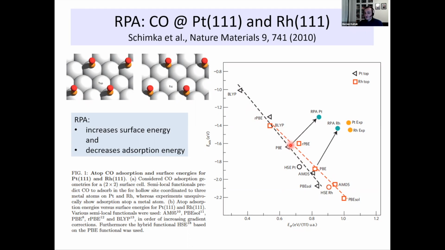Now, RPA is the only method that can pull you out of this straight line towards the experiment. That means that RPA is the only method studied here that increases the surface energy and decreases the absorption energy at the same time. So the consequence is that the exact absorption location of the CO molecule can be predicted on the top side.